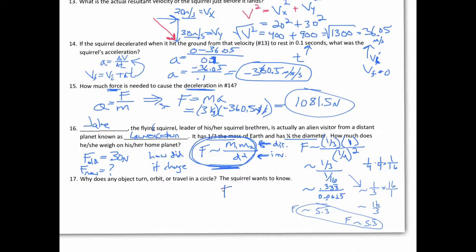The new force equals the old force times how it changes. So 5 1/3 times the old force of 30 equals 160 newtons. That would be the new force on that other planet.